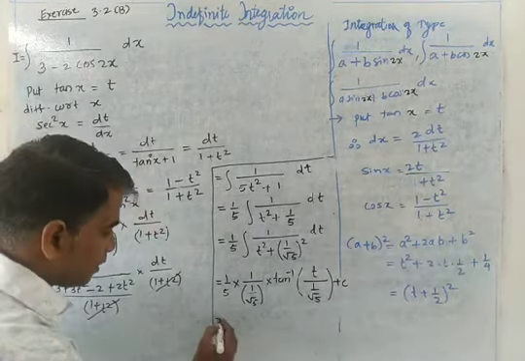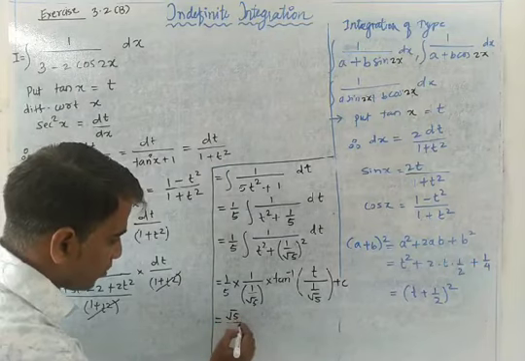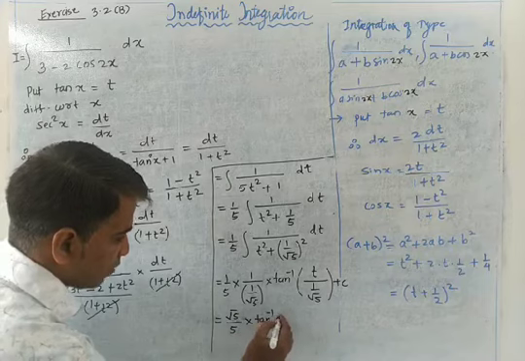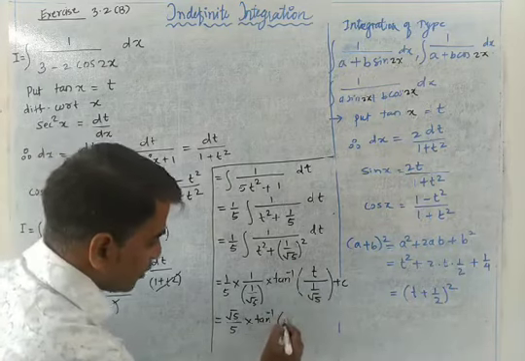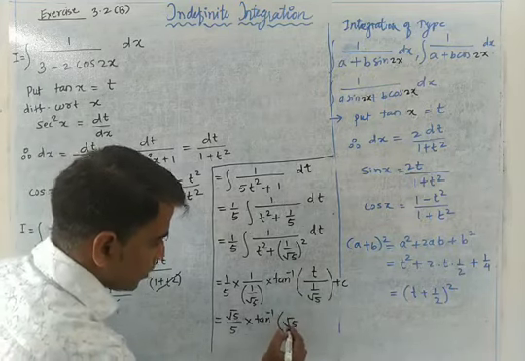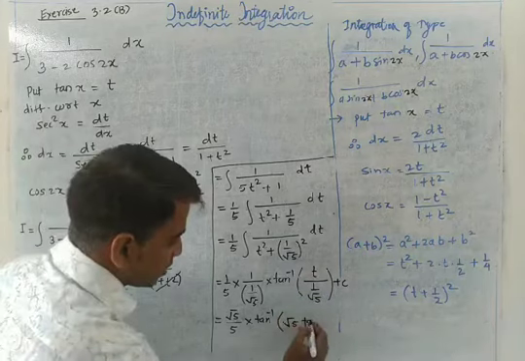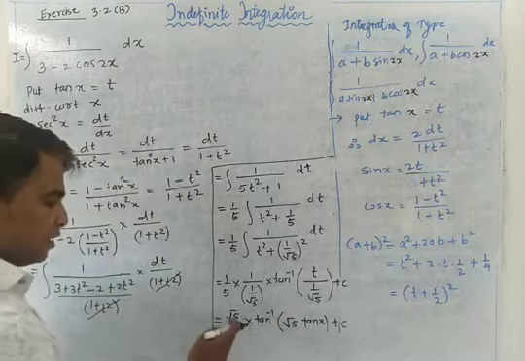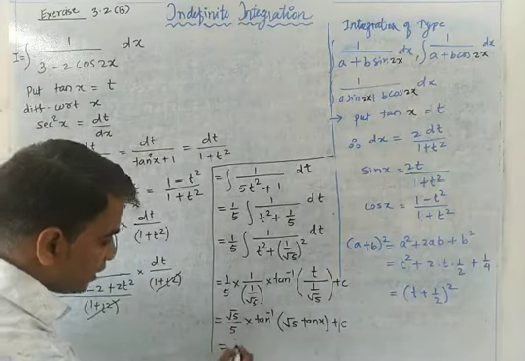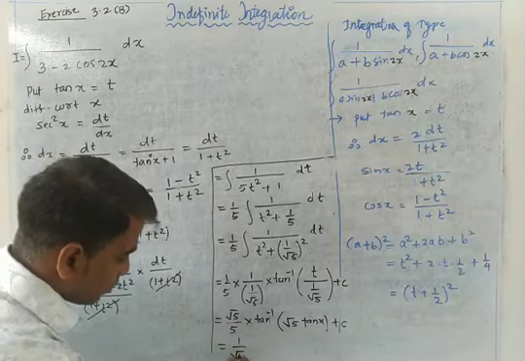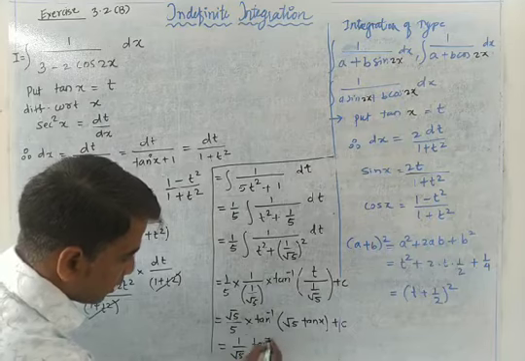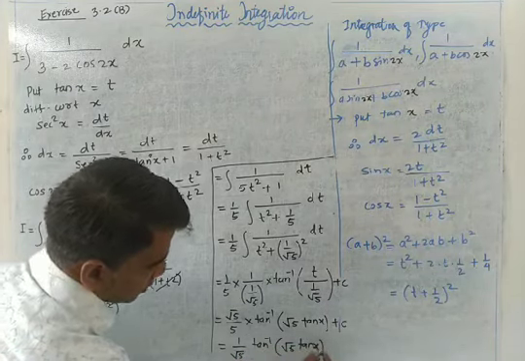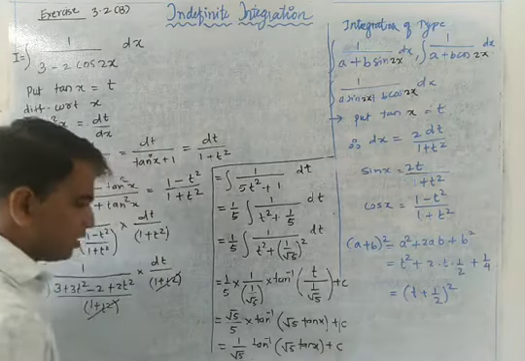Okay, now simplify it. Root 5 upon 5 into tan inverse, root 5 will come in the numerator, root 5 into the value of t, that is tan x plus c. And this root 5 and 5 will get simplified, and you will get 1 upon root 5 tan inverse root 5 tan x plus c.